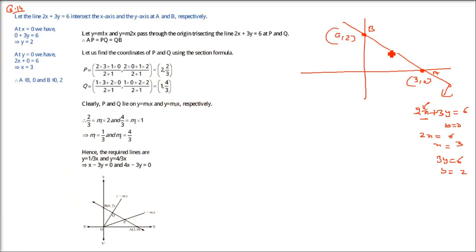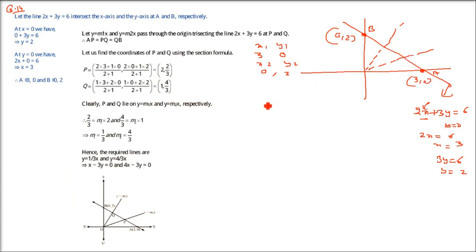And the question is, there are two lines, and they are trisecting it. So this will be one line, this is another line, and it is trisecting, so equal parts they are. So in the first case, you are taking x1, y1 as 3, 0, and x2, y2, you are going to take 0, 2.